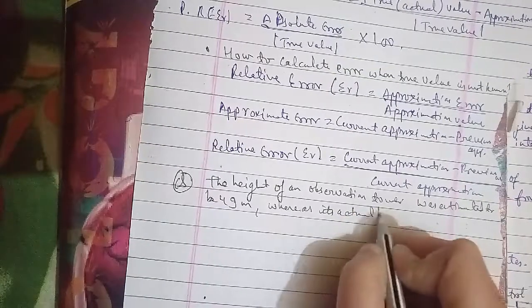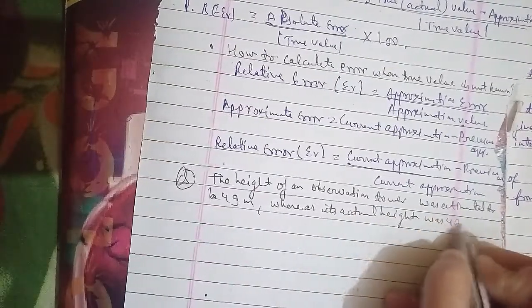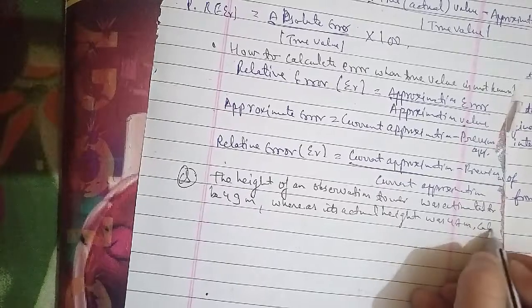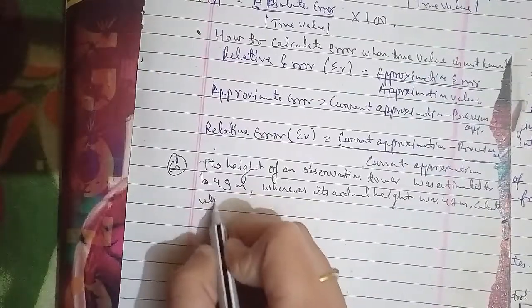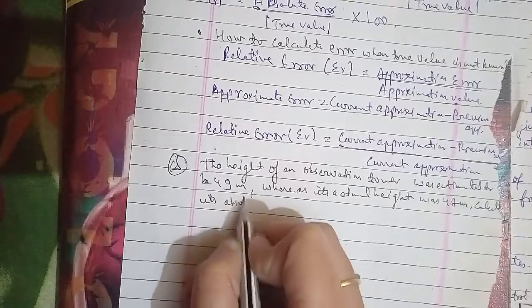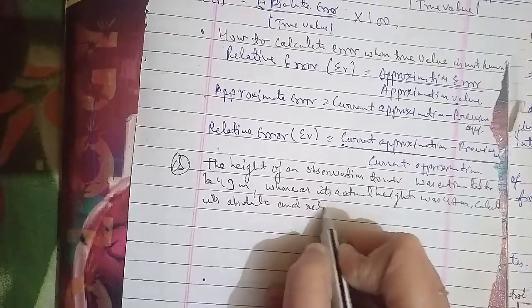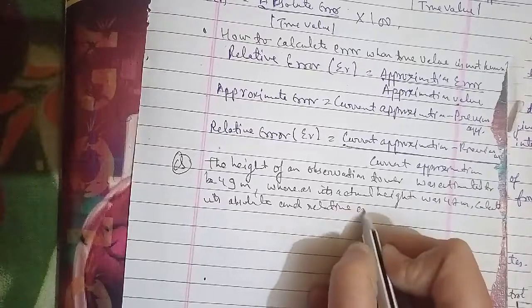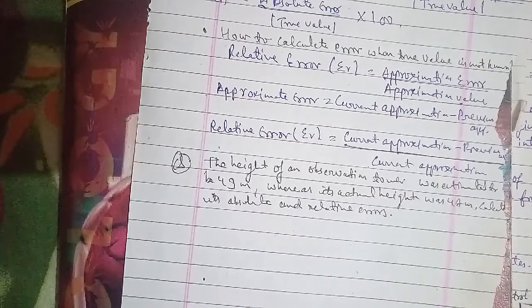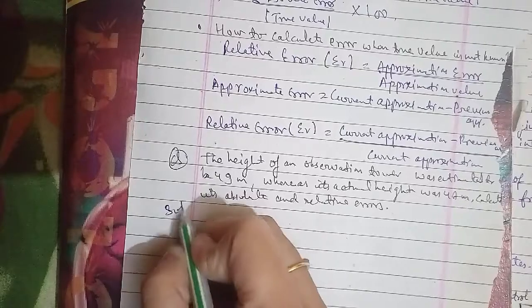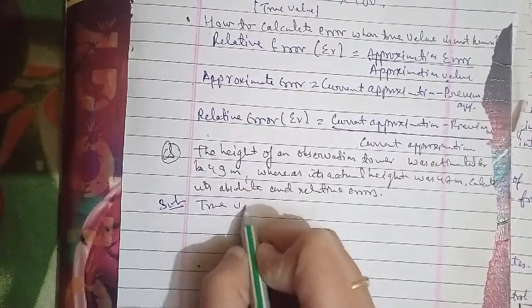So relative error equals to absolute error upon true value. So it is here 2 upon 47, which is equals to 0.04255 and 3 that we have.